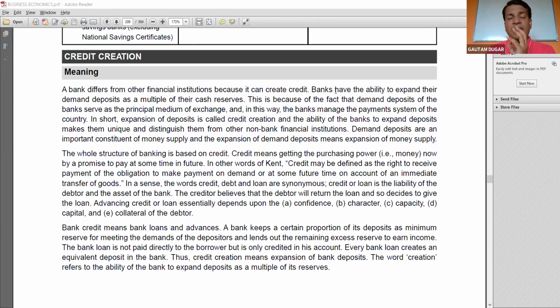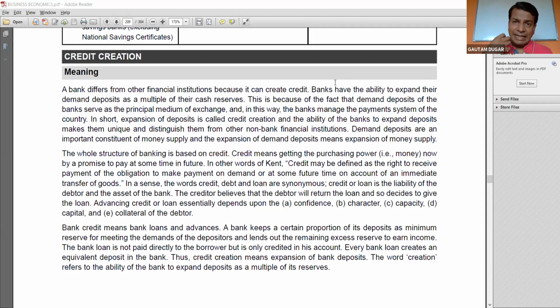Now, say for example, if that amount is 10%, that means if a commercial bank has received a deposit of 1,000 rupees, then the commercial bank will keep 10%, 100 rupees as reserve, and will give away 900 rupees as loan.